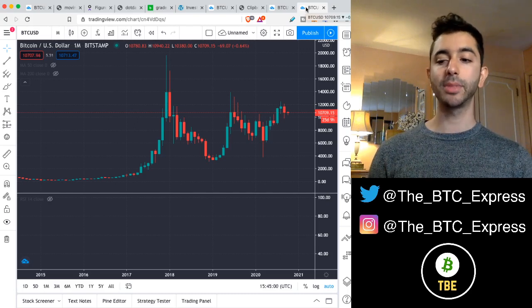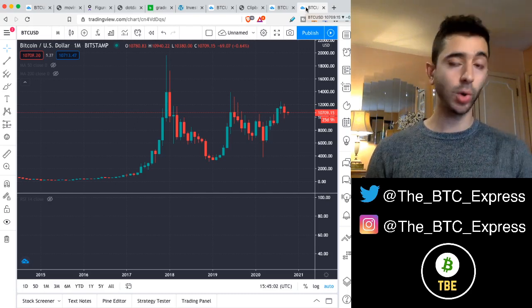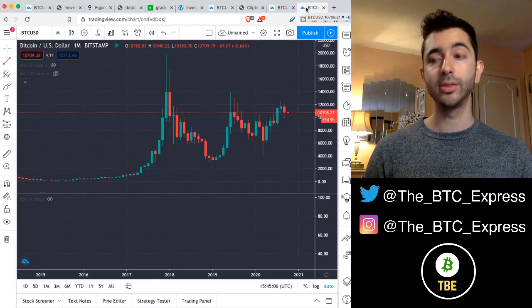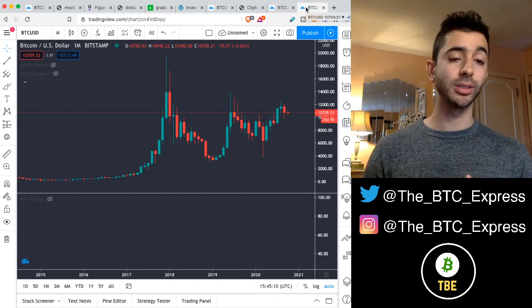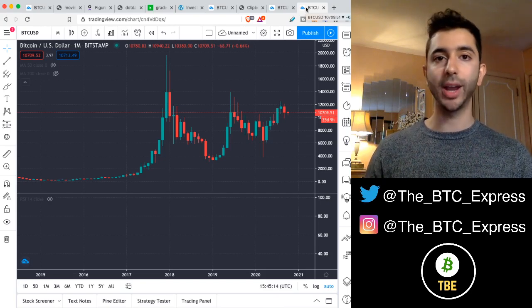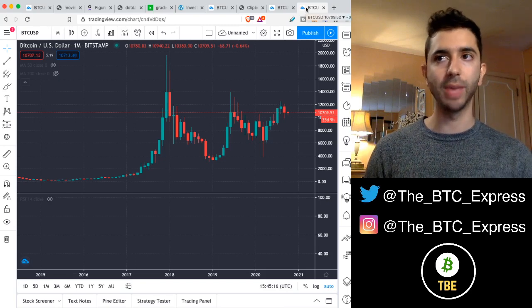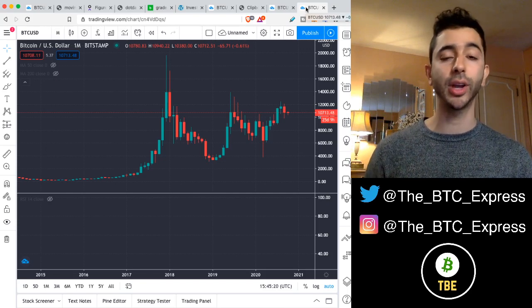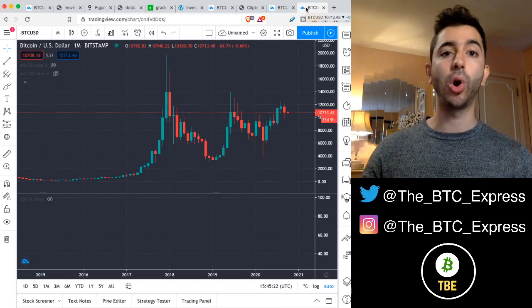But when it comes to something like Bitcoin, it's only about 10 years old. That's not a lot of history to make a probability off of. And to make that even worse, although Bitcoin is about 10 years old, it hasn't really been trading on many exchanges for that long. Maybe 5 years, 4 years, where there has been heavy trading. And then on top of that, we have altcoins.